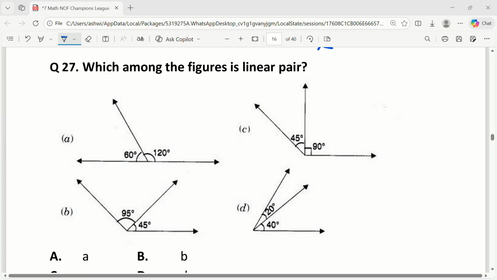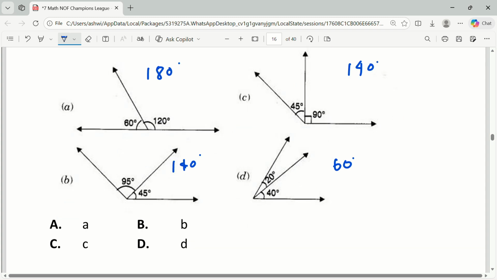For A, we have 60 plus 120, which is 180 degrees. For figure B, we have 90 and 45, which is 140. For B and C, both are 140 degrees. And for D, we have 20 plus 40, which is 60 degrees. So the answer is A.